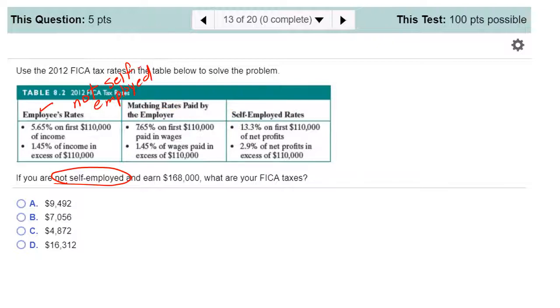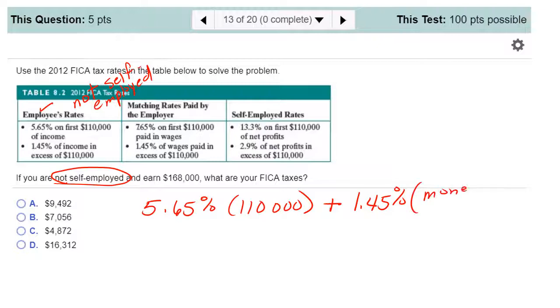The good thing for an employee is we don't have to pay all of the 13.3% taxes. So we're not self-employed. We will pay 5.65% on the first $110,000. Then we will add 1.45% on any money over $110,000.